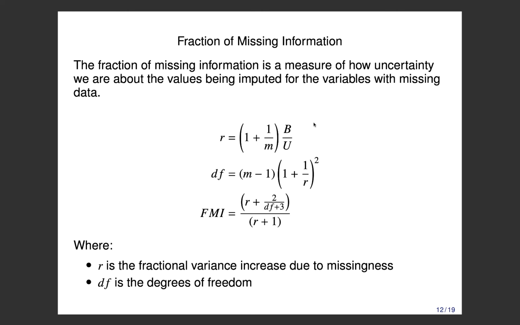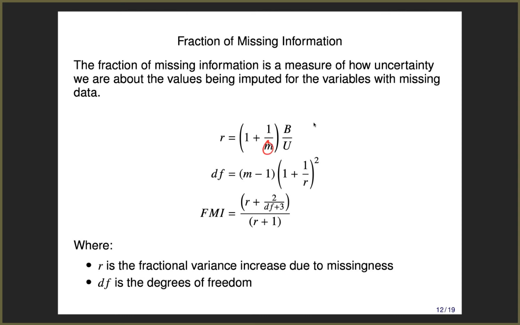So this is 1 plus 1 over m, where m is the number of imputations, times B, remember, imputation uncertainty, over U, which is sampling variability. So that's the fractional variance increase due to missingness. The degrees of freedom then are m minus 1 times 1 plus 1 over r squared.